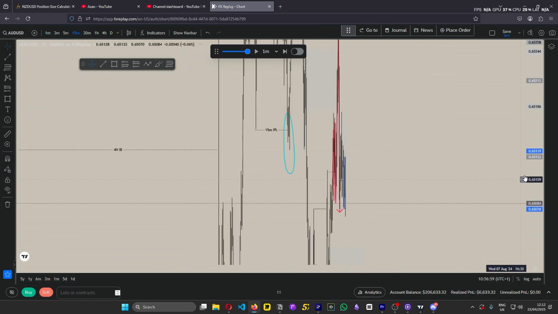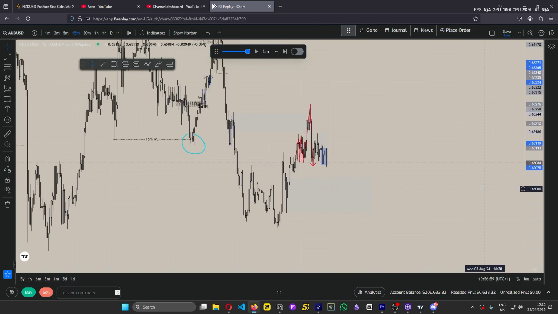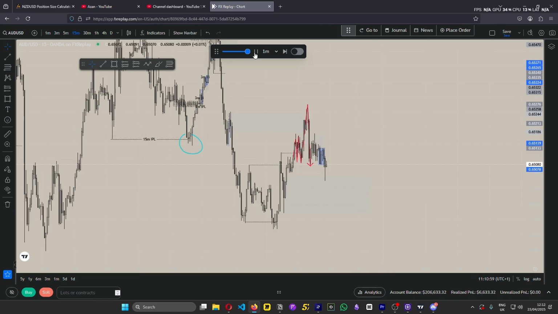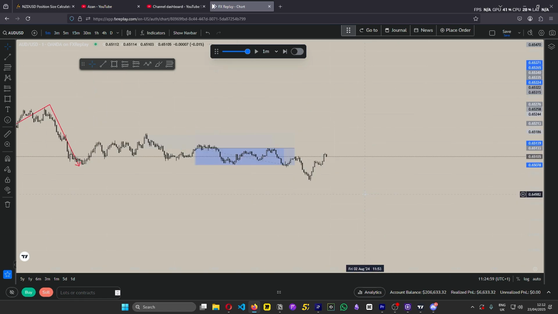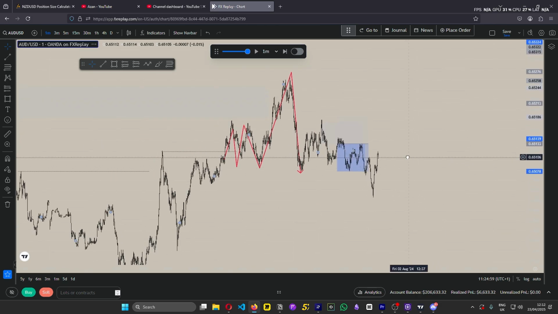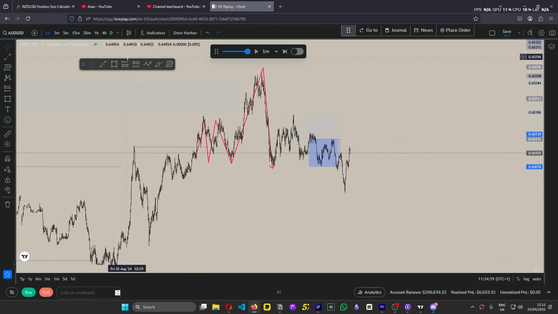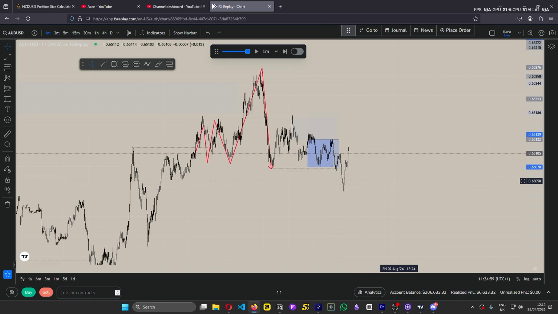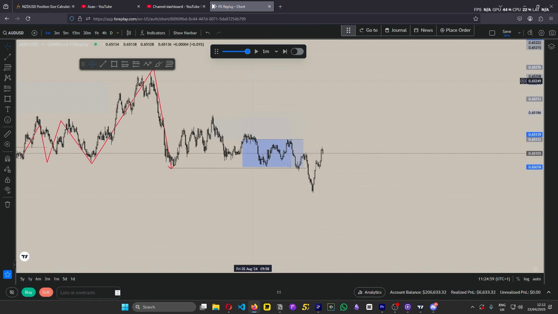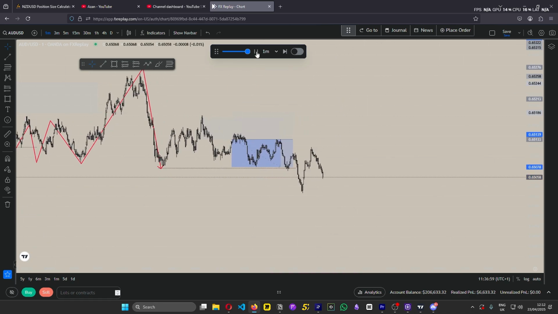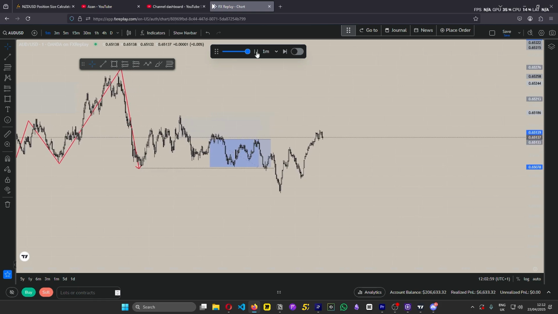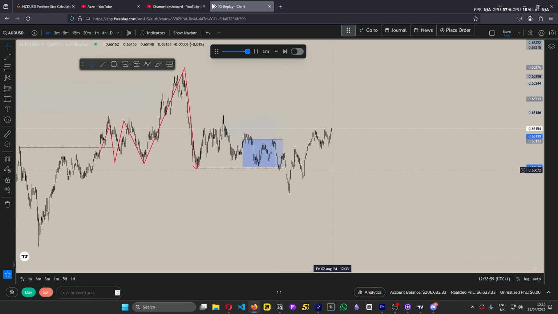Now on NZD EU, we're still trying to go down by the looks of things. Because this is still the right side, I'll be waiting for a strong order flow shift down to go back down, unless the order flow shifts bullish.